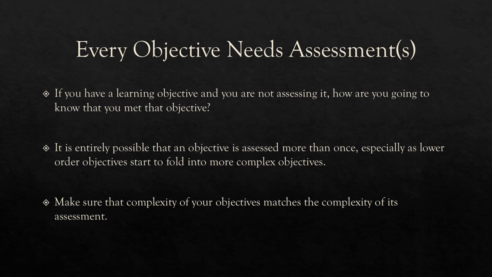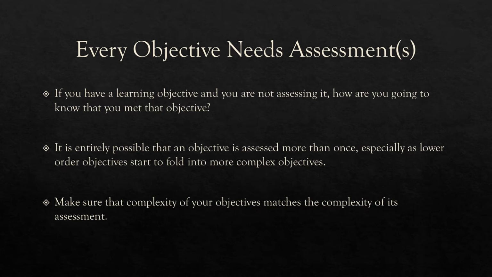It's really easy sometimes, especially when we're teaching content that we know really well, to forget some of the subtlety and nuance of the material, and we boil it down maybe a little too much to one or two ideas. Then when we do the assessment, we realize, oh, I forgot about X, Y, and Z. So now I need more objectives that cover X, Y, and Z in a little more specific detail.